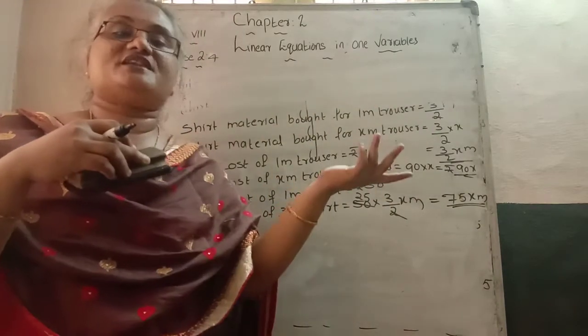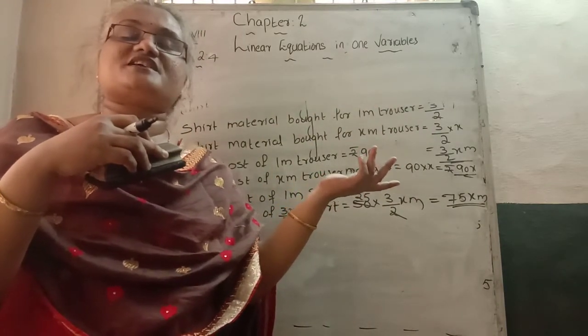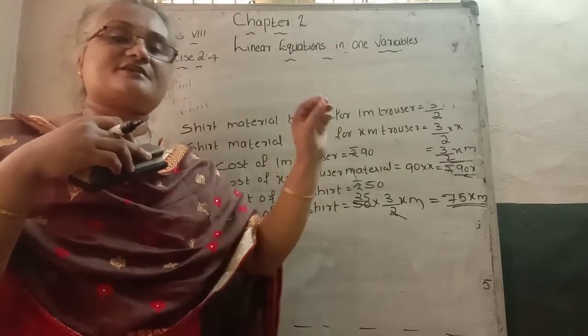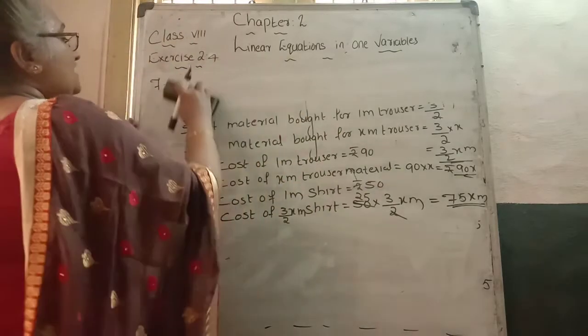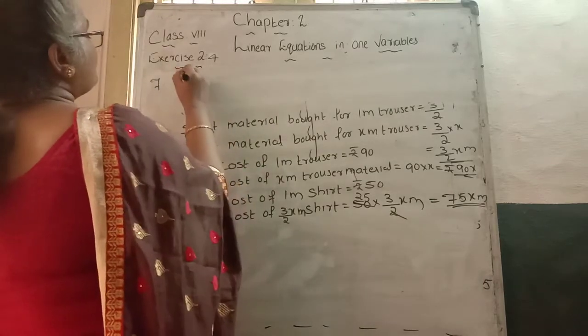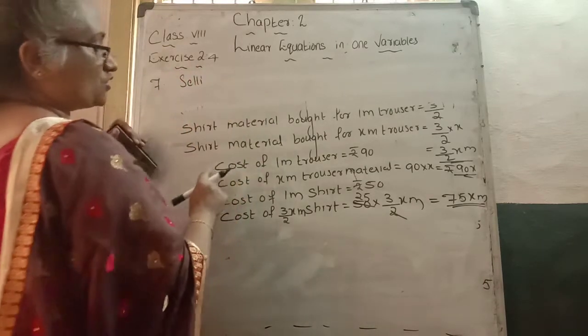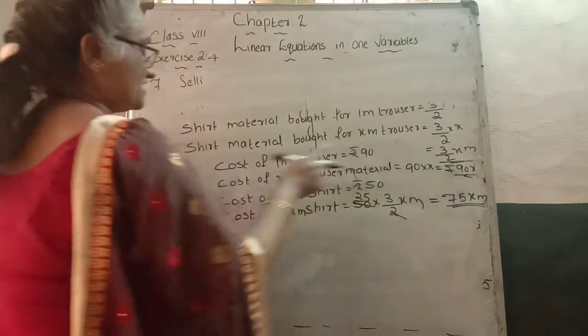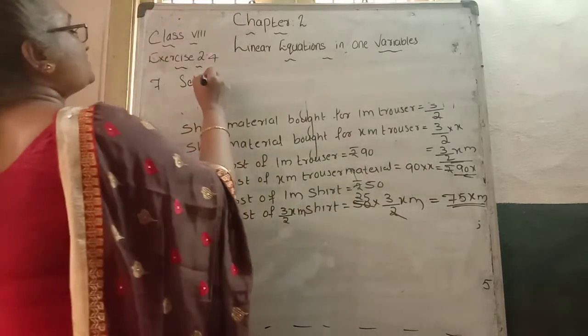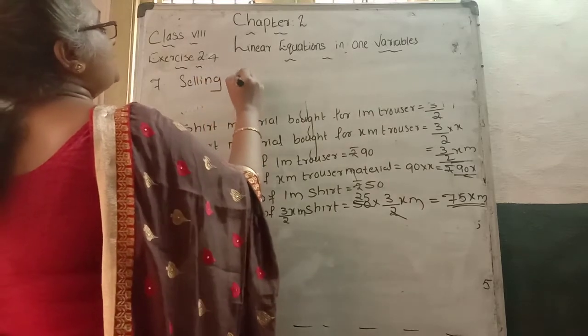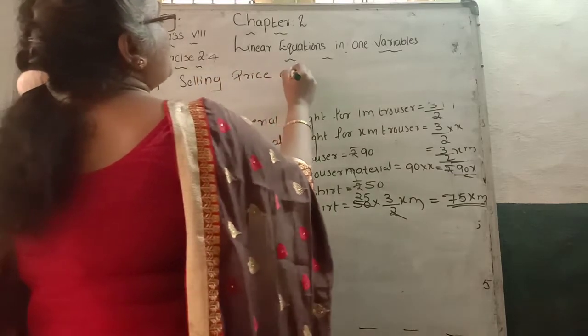We can go through this in detail in the next chapter on selling price and cost price. For now, just try to understand this one question, that's enough. So the cost price of trouser is 90x and the cost price of shirt is 75x. Next we want to find the selling price of a trouser.